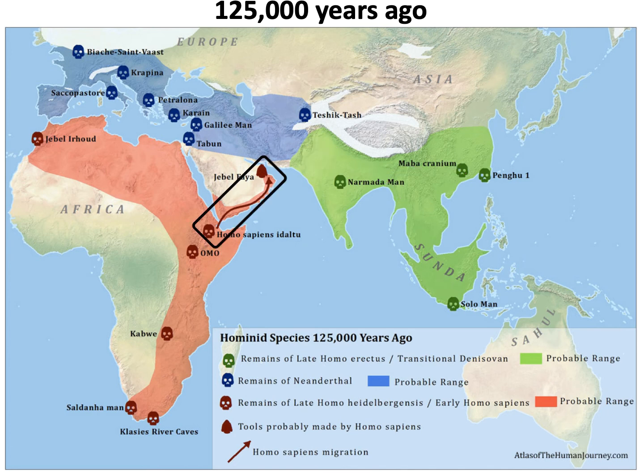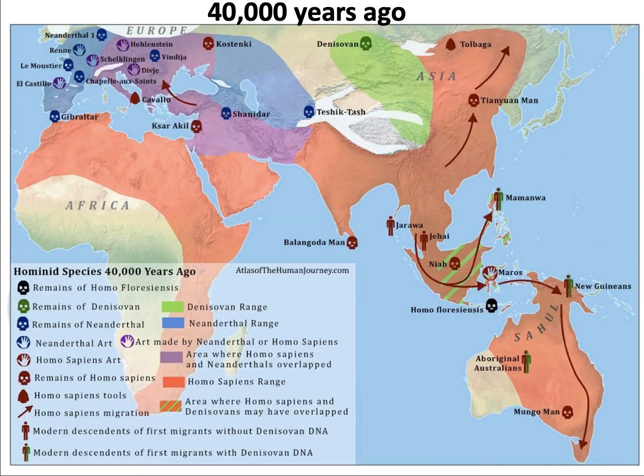Also note that this was the first emergence of Homo sapiens outside of Africa into the Arabian Peninsula. By 40,000 years ago, there had been several migrations of Homo sapiens out of Africa, including one that went into Asia, into Indonesia, and eventually into Australia, another migration that went up into Europe, and there was mixing then between the Neanderthals and Homo sapiens.